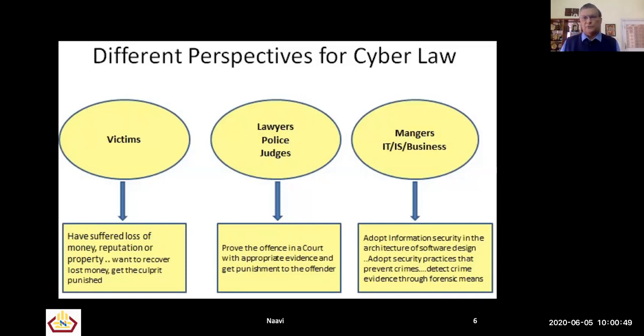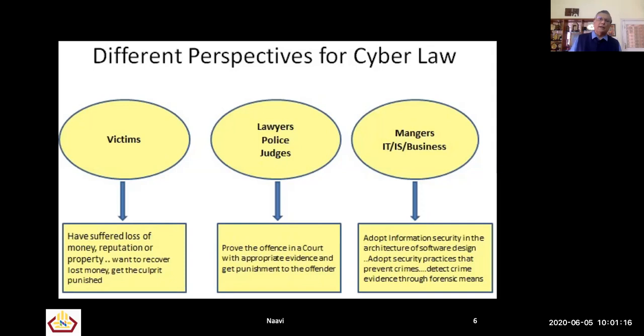This is their objective. Apart from these two, there is another category of people who are the business managers, the information technology people, information security people, business executives, who would be in your vision as career people.